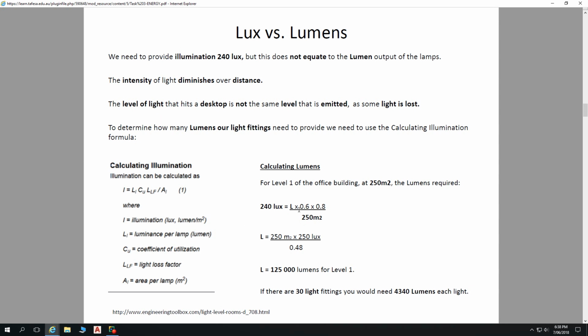Our coefficient of utilisation is 0.6, and our light loss factor is 0.8. So we can utilise those in our calculations. Then, expanding that out, we end up with 125,000 lumens required in the office. So that's just following that formula.